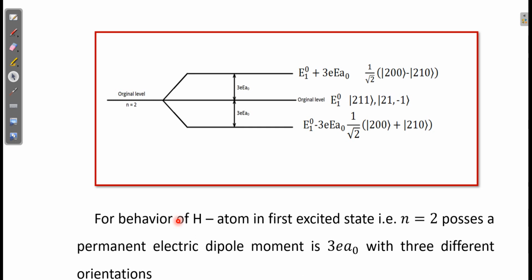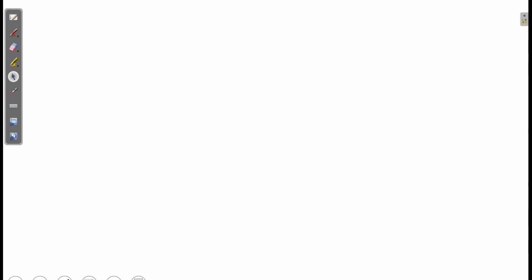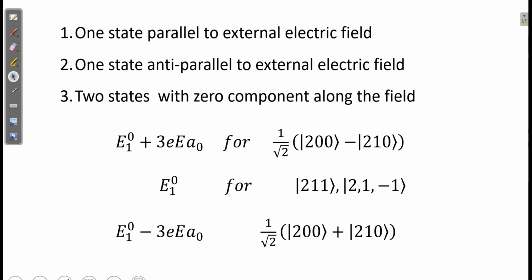The behavior of the hydrogen atom in the first excited state, n बराबर 2, possesses a permanent electric dipole moment 3 e a naught. अभी लास्ट में आपने निकाला है कि dipole moment P is equal to 3 e a naught with three different orientations. One state parallel to the external electric field, one state anti-parallel to the external electric field, and two states with zero component along the field.